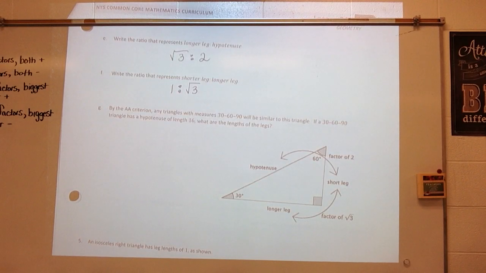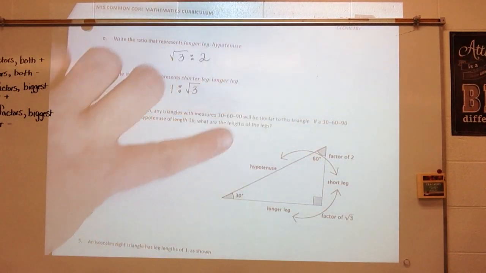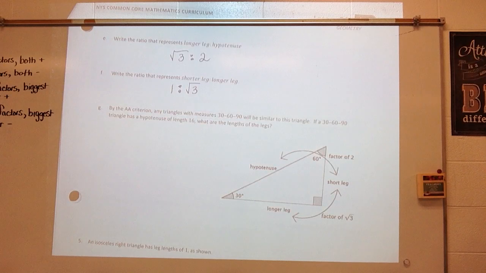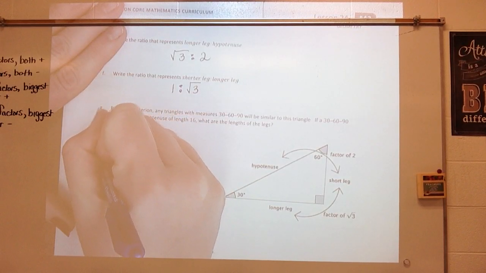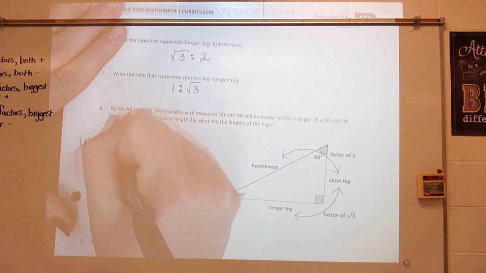Alright, so look at this triangle here. We don't know what the shorter leg is, so we're going to let a represent the shorter leg.